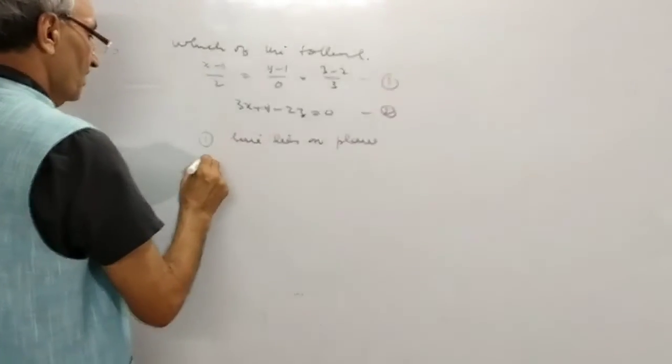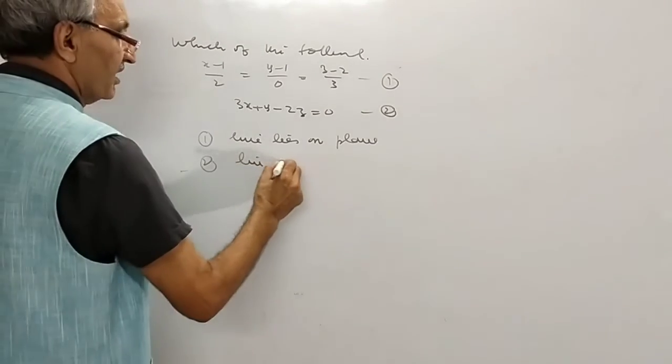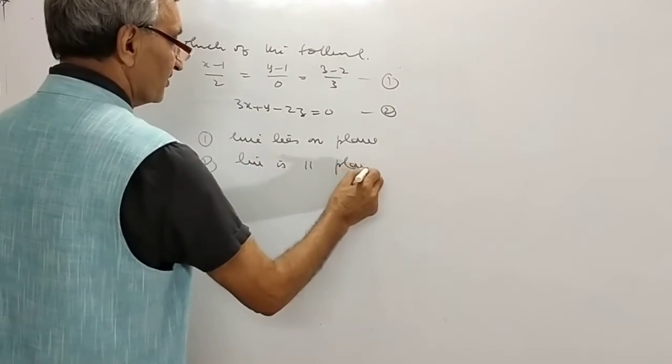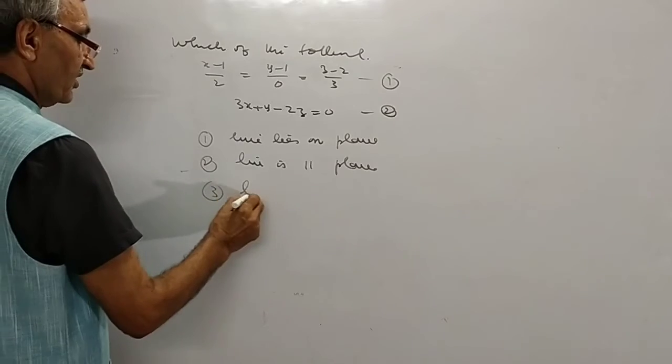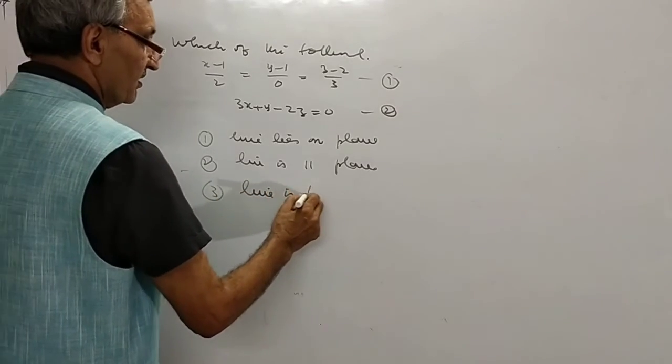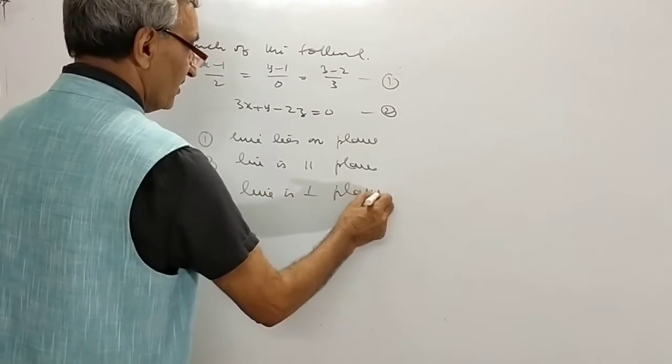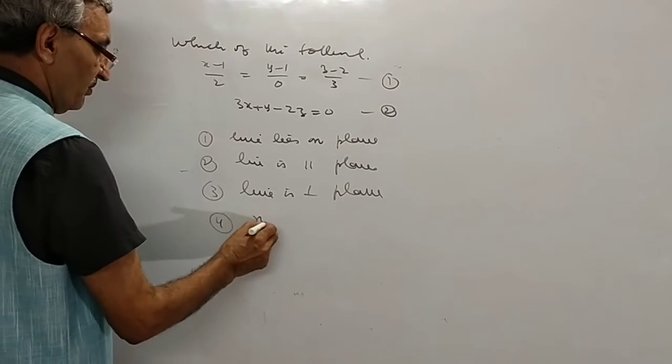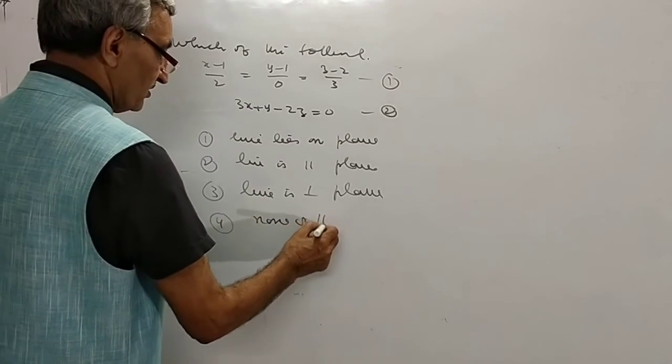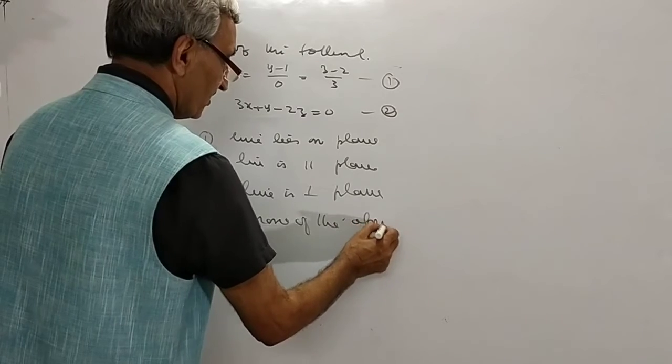Number 2, the line is parallel to the plane. Number 3, the line is perpendicular to the plane. And 4th, none of the above. This is the question finally.